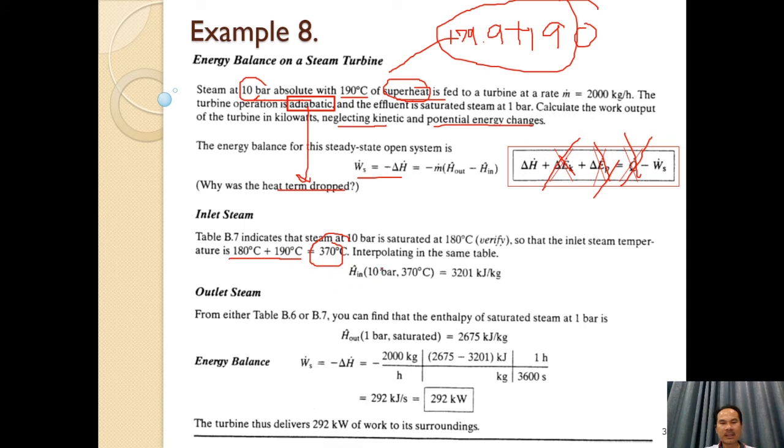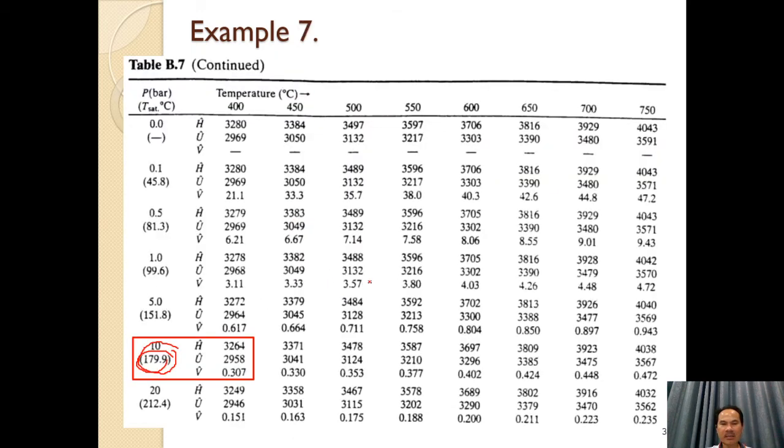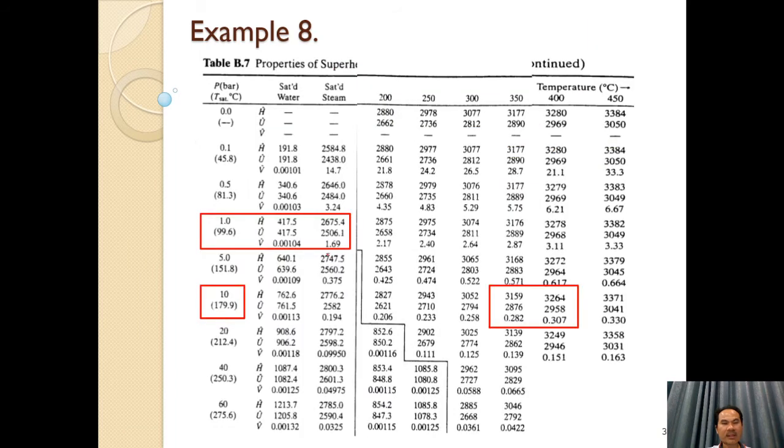In this case, the enthalpy at inlet means at 370, at 10 bar. Okay, you go back to the table. 10 bar. 370 is located between 350 and 400. You have to interpolate, because enthalpy is between these two values.